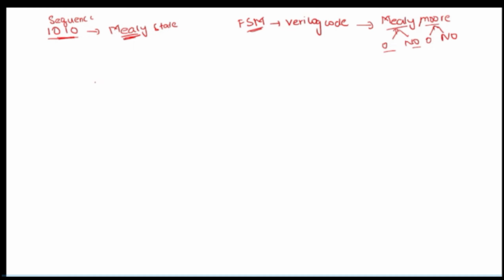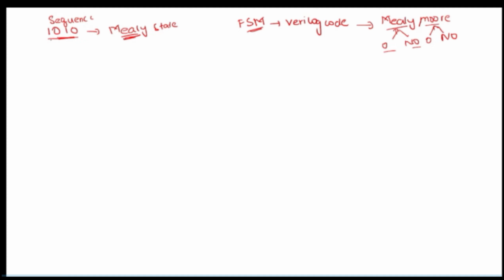What we are trying to achieve is to write a Verilog code using an FSM. In order to write the Verilog code, you should know about the state diagram and state table. That is why I am explaining the state diagram and state table before writing code for this particular FSM.